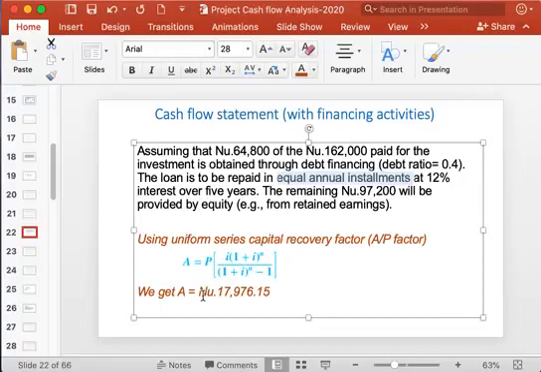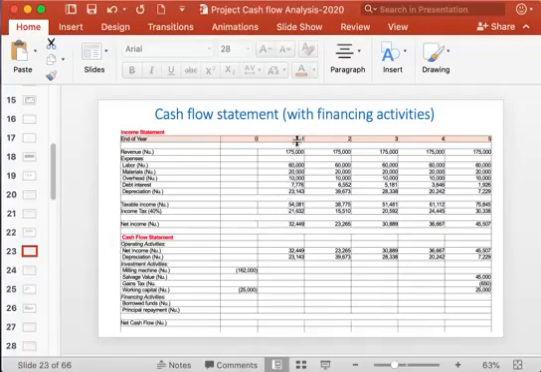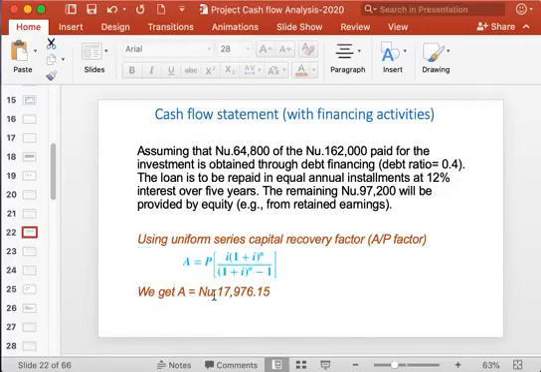So every year, starting from the end of year 1, we have to pay 17,976.15 Newton to the bank.